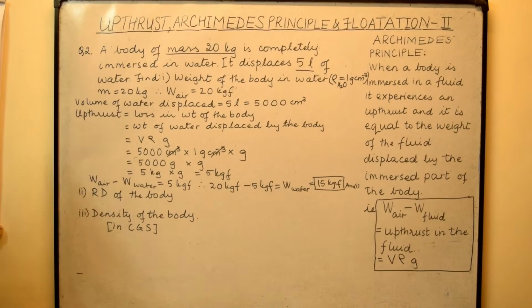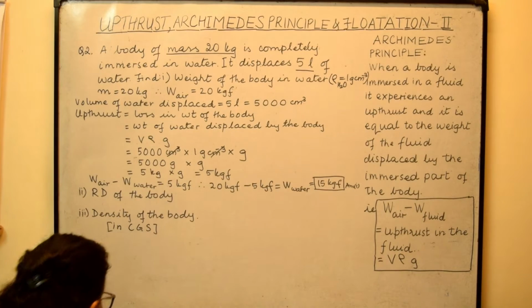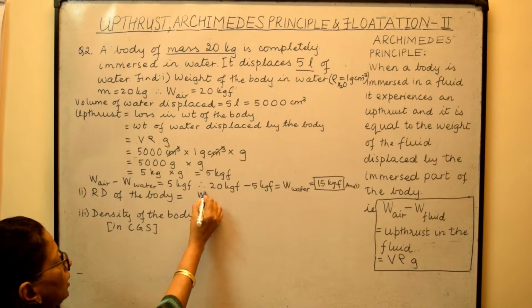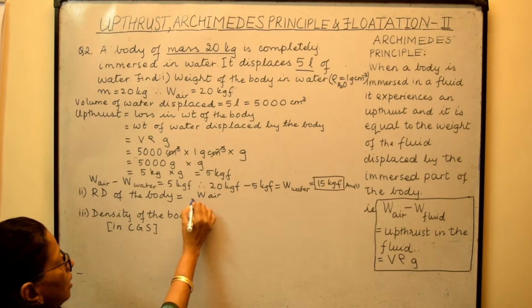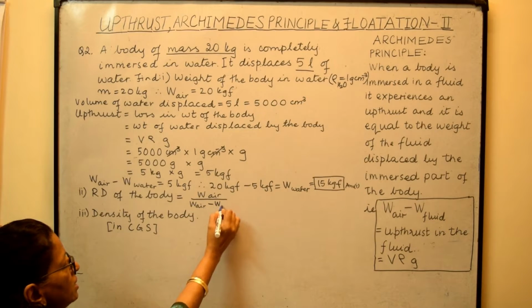You are now asked the RD of body. Now for the relative density of body, we are going to use the formula W air upon loss in weight, that is W air minus W water.